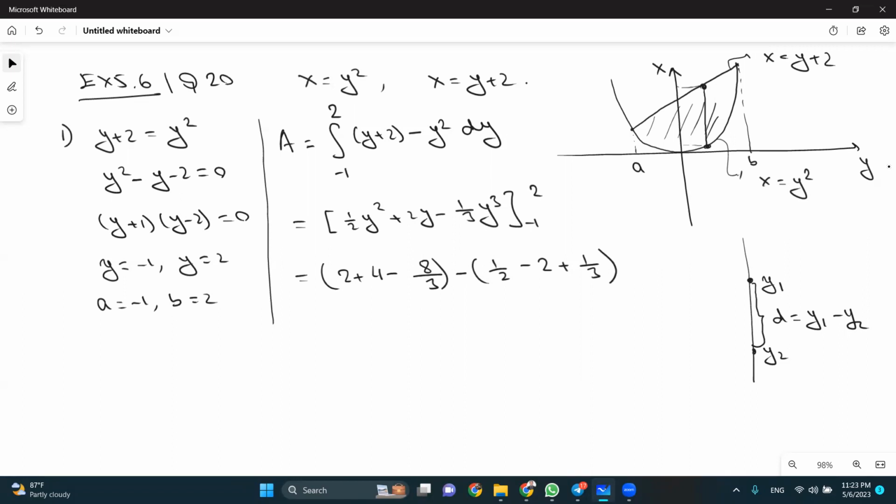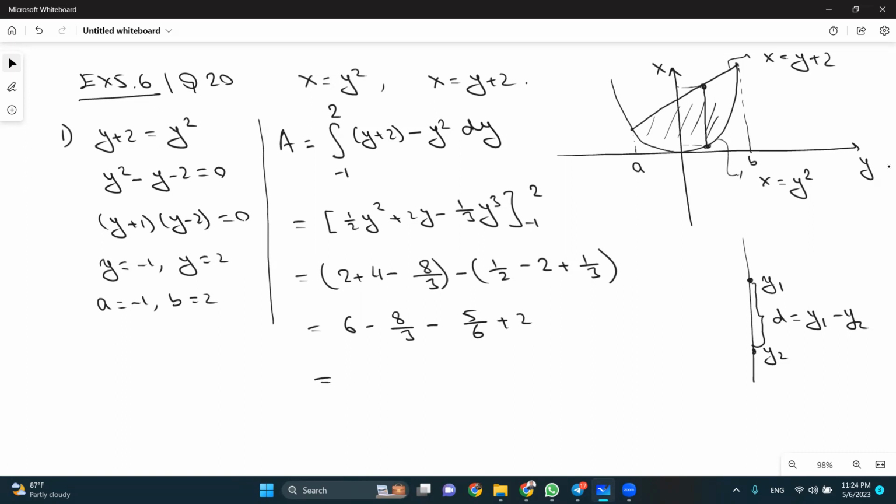So now if you simplify this, that's equal to 2 plus 4, it is 6, and 6 minus 8 over 3, minus, and here we have 1 over 2 plus 1 over 3, that is 5 over 6, 5 over 6 plus 2. All right.